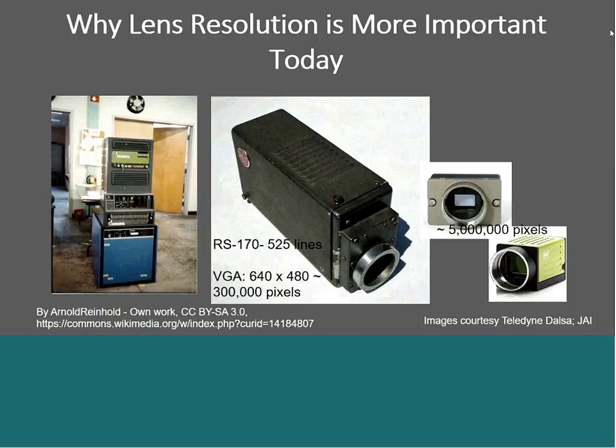So the RS-170 standard in use at the time specified 525 lines in a tube. So when we started to see digital cameras, the first one, of course, that came out was VGA. It was almost 525 lines. It was 640 by 480. And so CCTV lenses were still adequate for these early digital cameras.